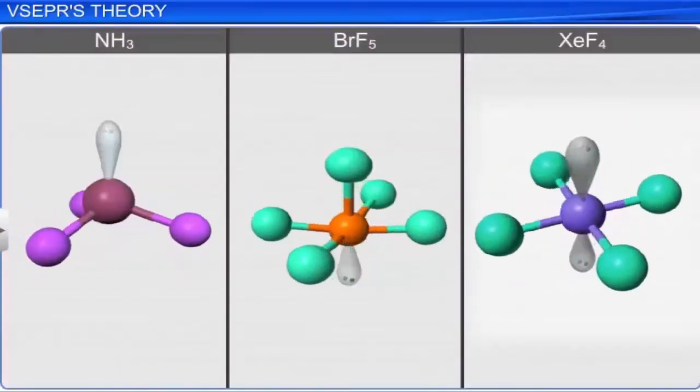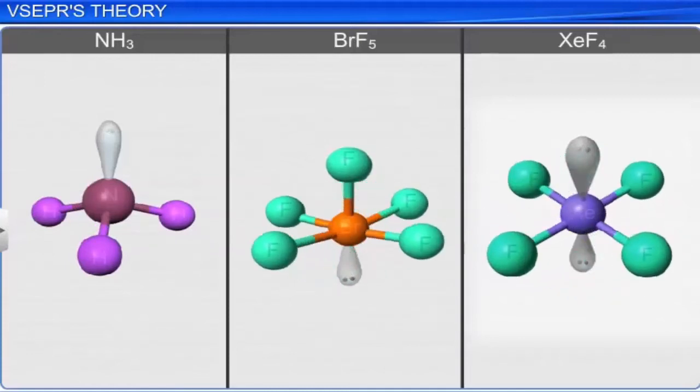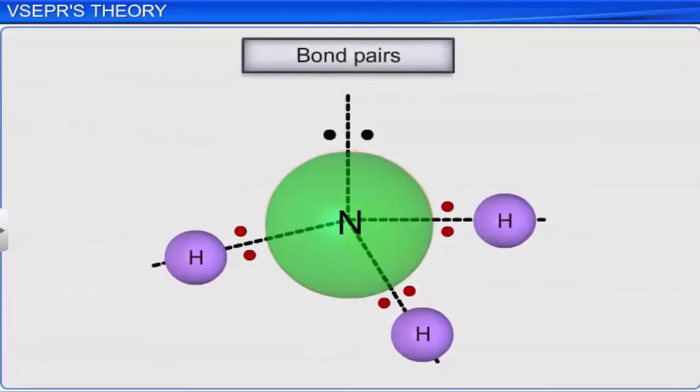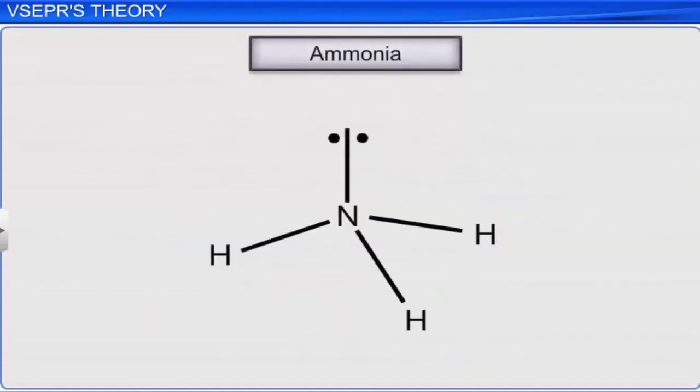Now, let's analyze the shapes of some molecules with reference to their valence electron pairs. In ammonia, the central nitrogen atom has 3 bond pairs of electrons and 1 lone pair of electrons. The ideal geometry of the molecule with 4 pairs of electrons would be tetrahedral.